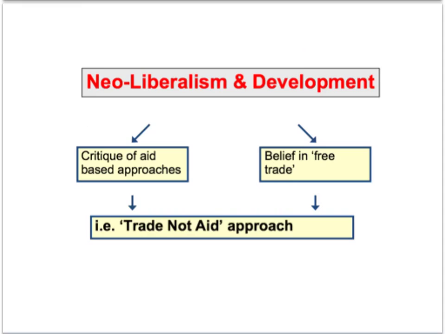Firstly, they're very critical of the aid-based approaches that we would associate with a perspective like modernisation theory. And secondly, they're very enthusiastic about the potential of free trade to stimulate economic development. So in a nutshell, neoliberalism is a perspective that argues in trade rather than aid.